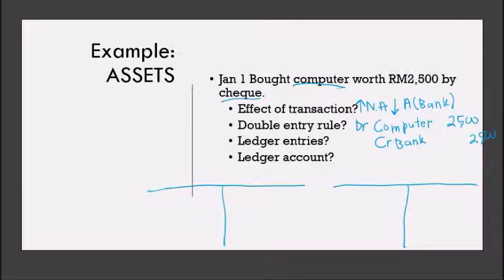The title, you have to put computer, and bank. So this is the title, the item, the account's name. So when you're trying to record, the computer is on the debit side. So debit is on the left side, credit on the right side.